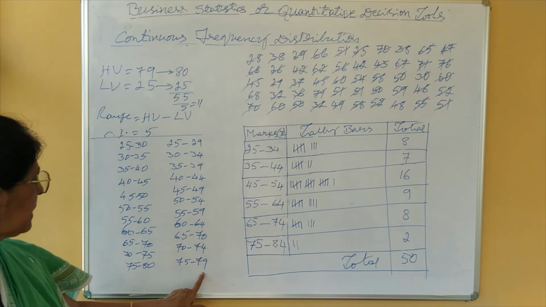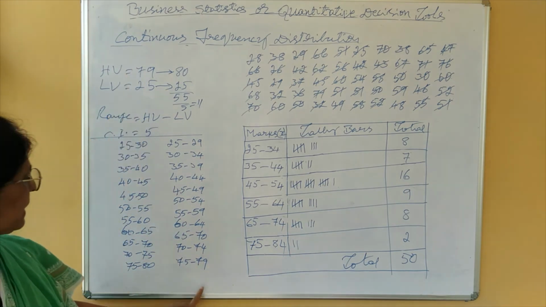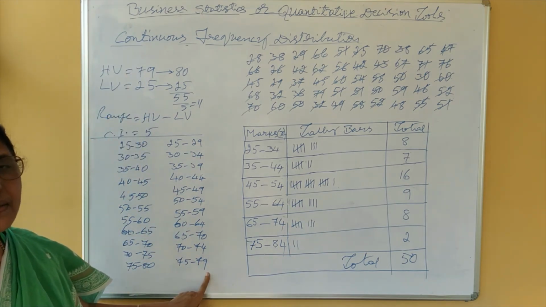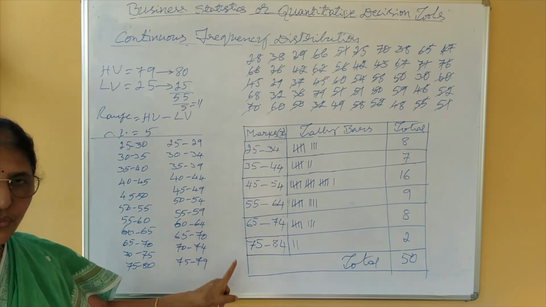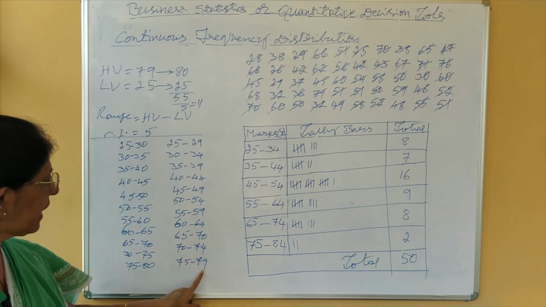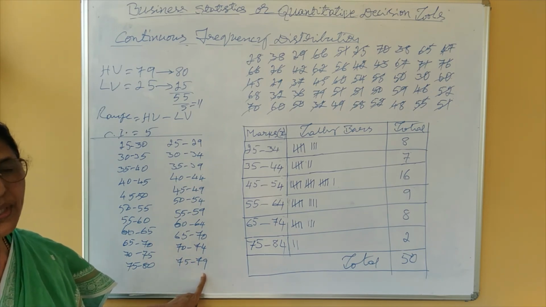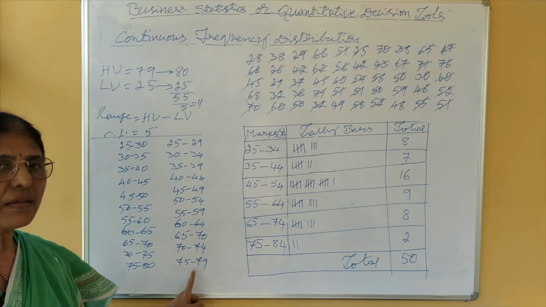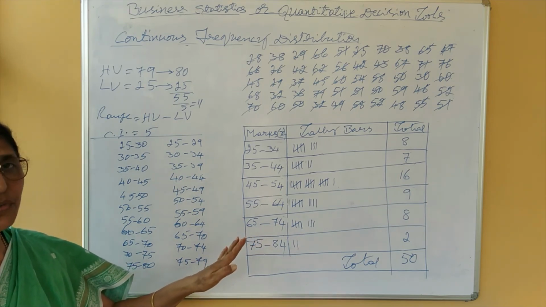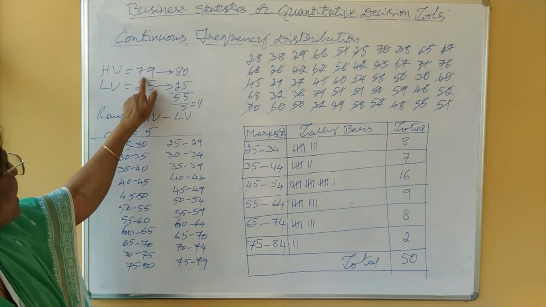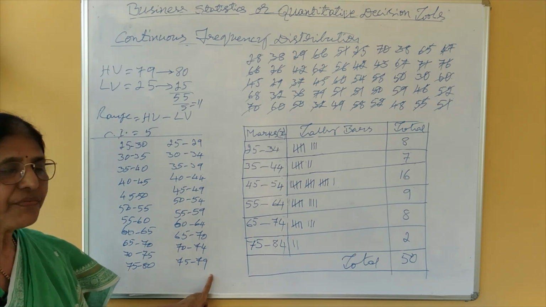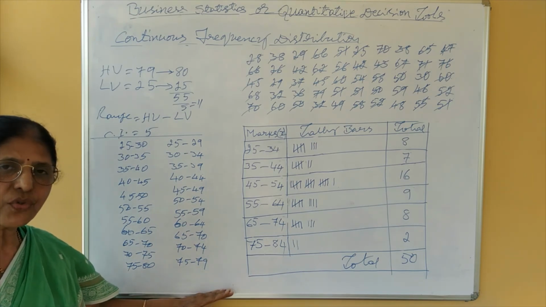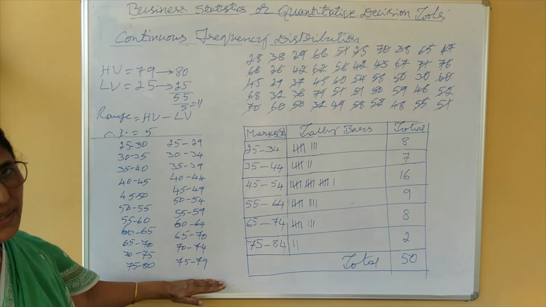Now here the highest value is 79 and the upper limit of the last class is also 79. In the inclusive method, even the upper limit is included. Both limits are included, that's why we call it the inclusive method. Therefore, this highest value is covered in the class 75 to 79 itself, so you have to stop at that class.